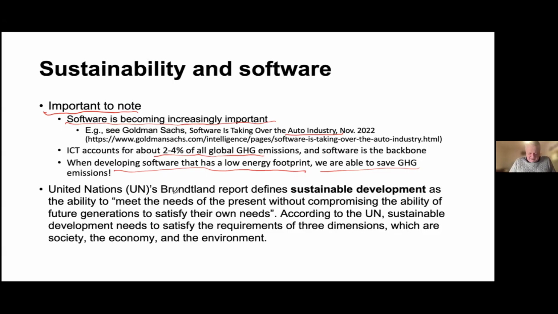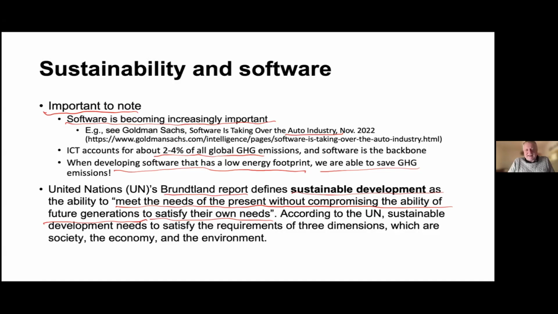It's also interesting that the Brundtland report defines sustainable development as the ability to meet the needs of the present without compromising the ability of future generations to satisfy their own needs. And I think in software it's also quite clear, because on one side we want software that is used, that is not contributing to things that negatively impact future generations in any way, not only greenhouse gas emissions, but maybe also other ways.